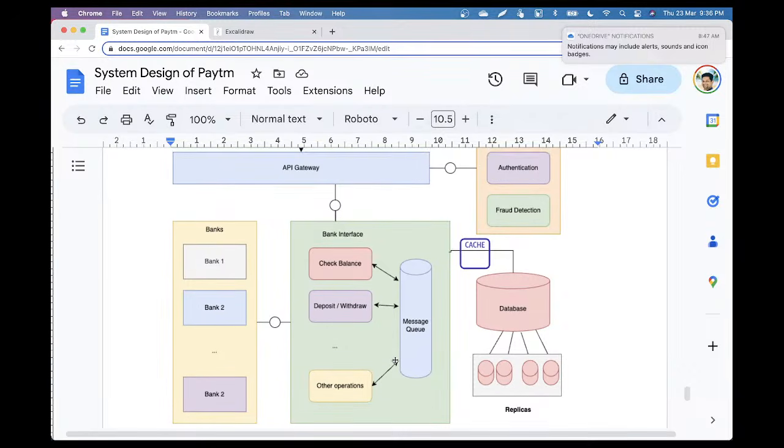Tarun, one more thing I can see as a bottleneck. Under high load, relational databases tend to have slower write times. Yes, absolutely. So we can do something to prevent that as well.